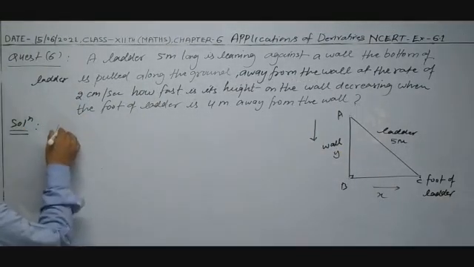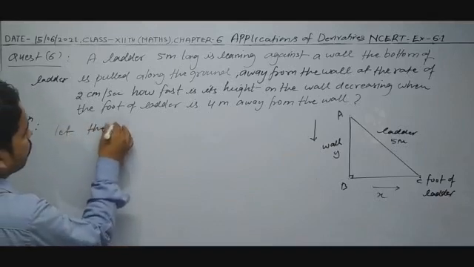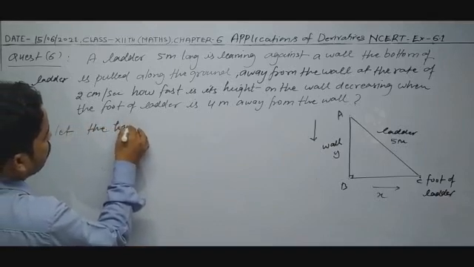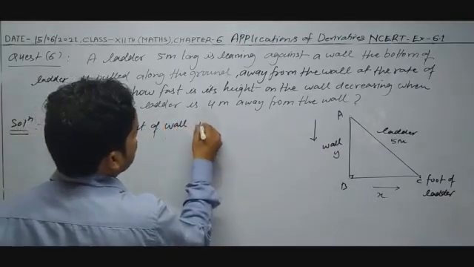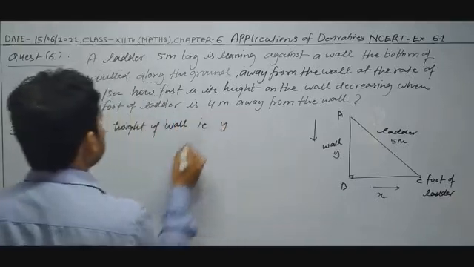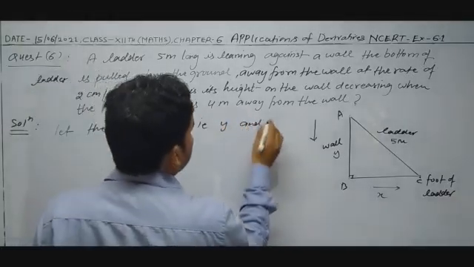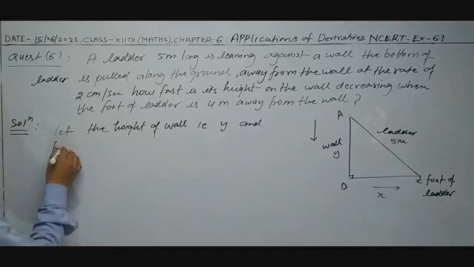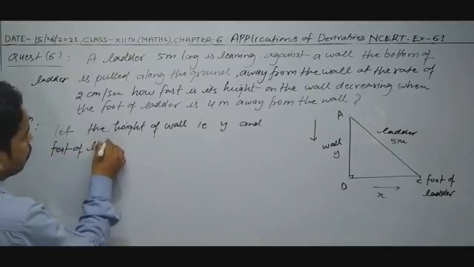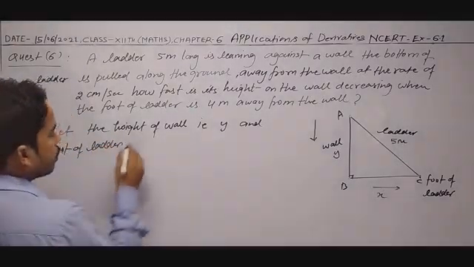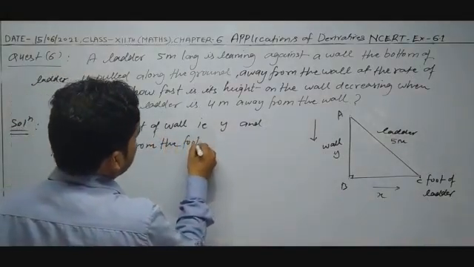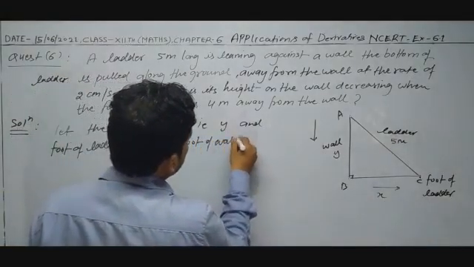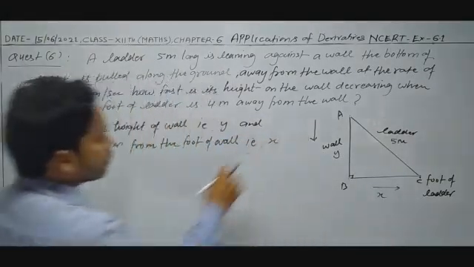Now let the height of wall be y, and the foot of ladder from the foot of wall be x.